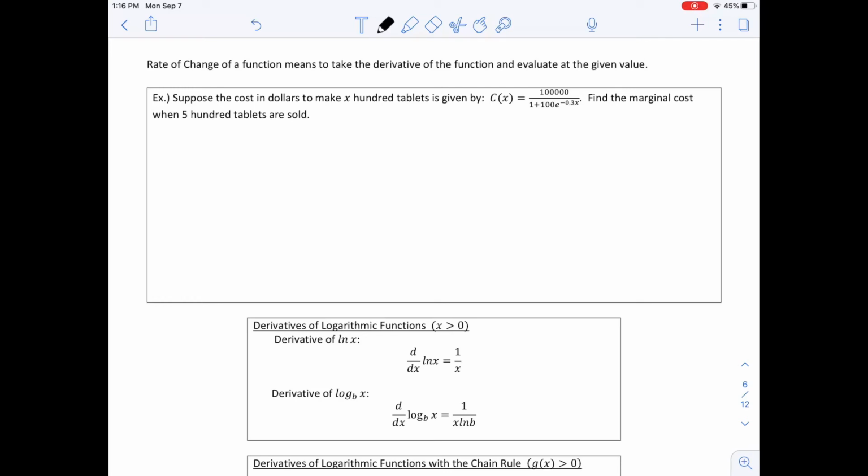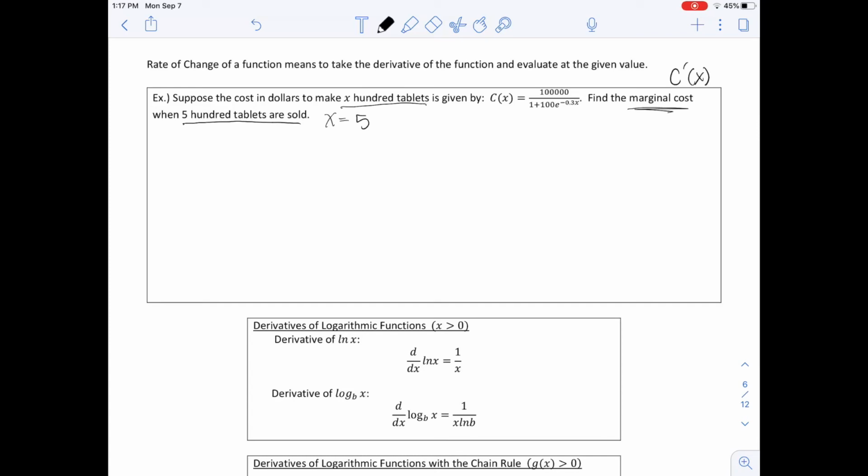Find the marginal cost when 500 tables are sold. So since we're dealing with x hundreds of tables, we want to find our marginal cost, which is C prime of x. But when 500 tables are sold, x would be equal to 5, since we are dealing with this in terms of hundreds of tables.